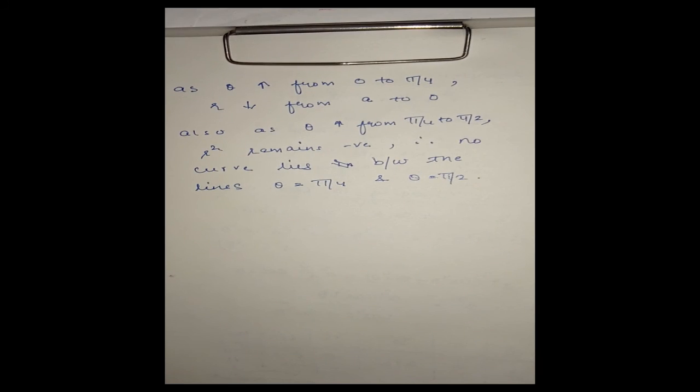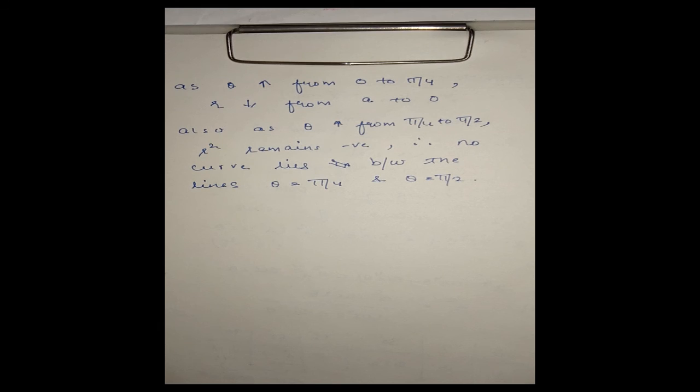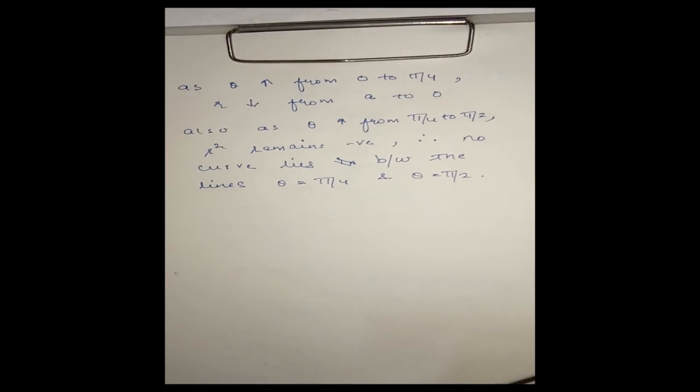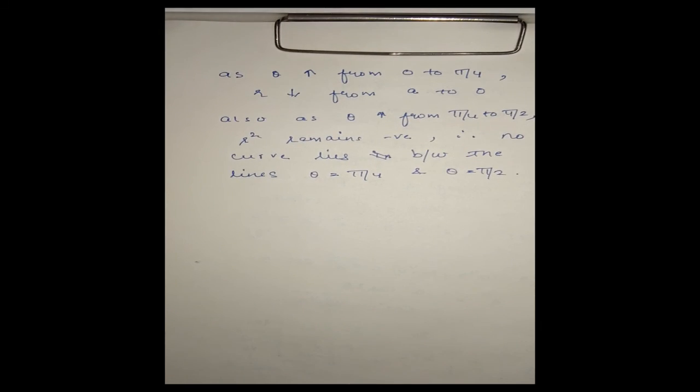Since this curve is symmetric with respect to both the axes, we need to draw the curve only in the first quadrant. Okay. Now we can draw our curve like this.